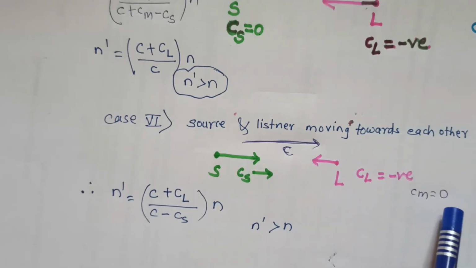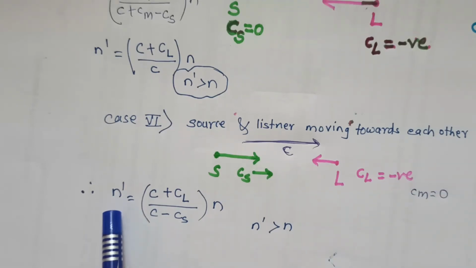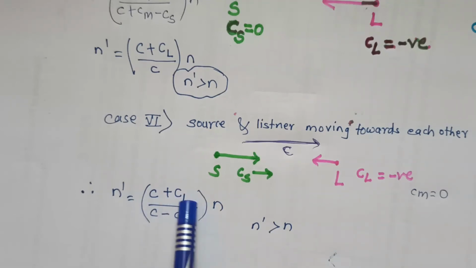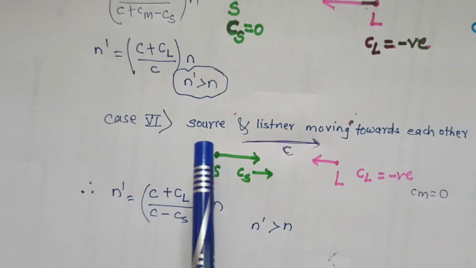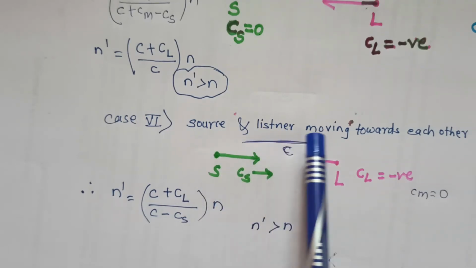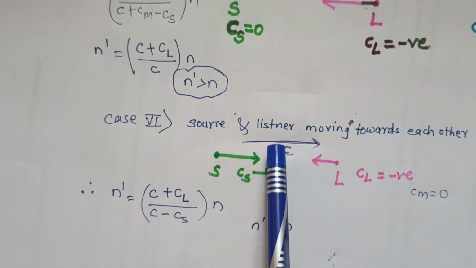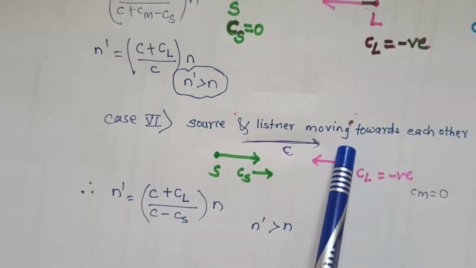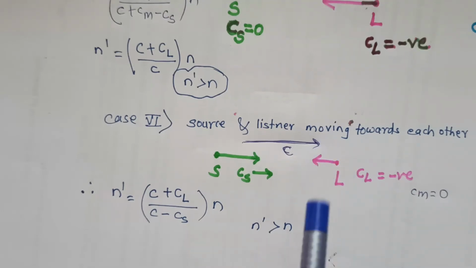The medium is considered stationary. The apparent frequency becomes n dash is equal to (c plus cl) divided by (c minus cs) into n. When source and listener are moving towards each other, the frequency of sound increases, so n dash is greater than n.